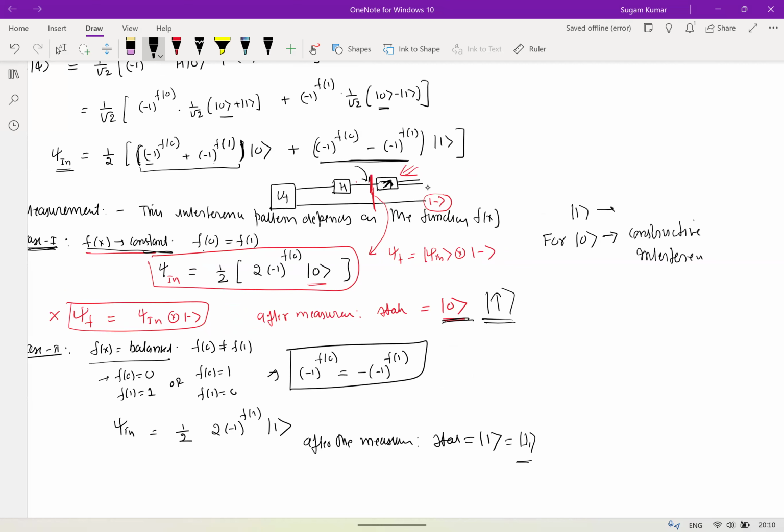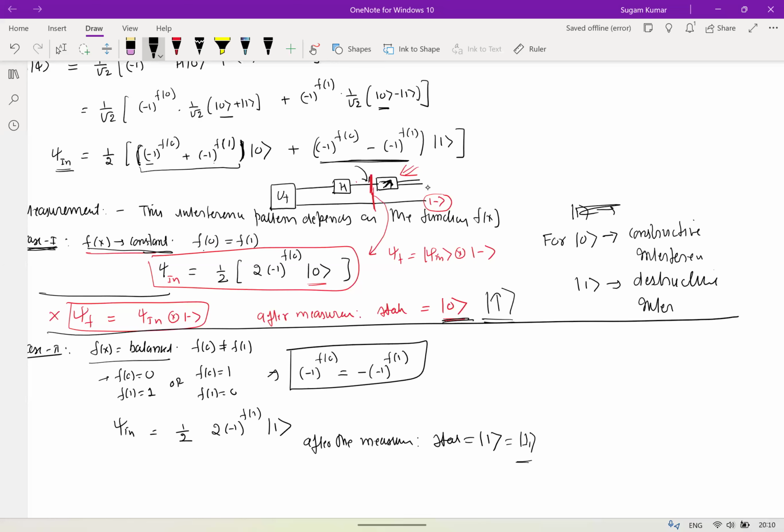And for 1 state, okay, this is the case number 1, up till here, and for the 1 state, you are getting a destructive interference.